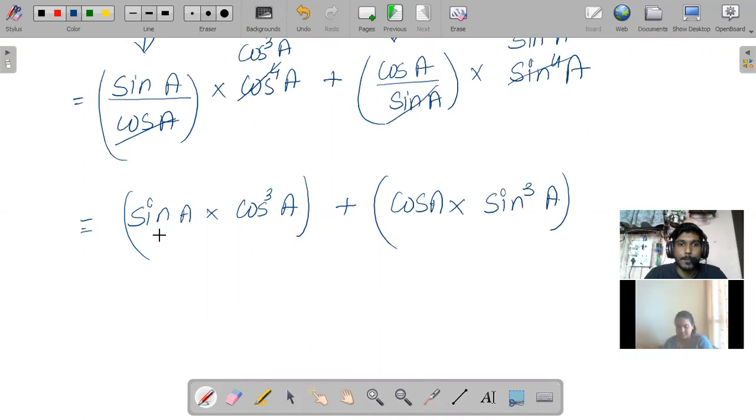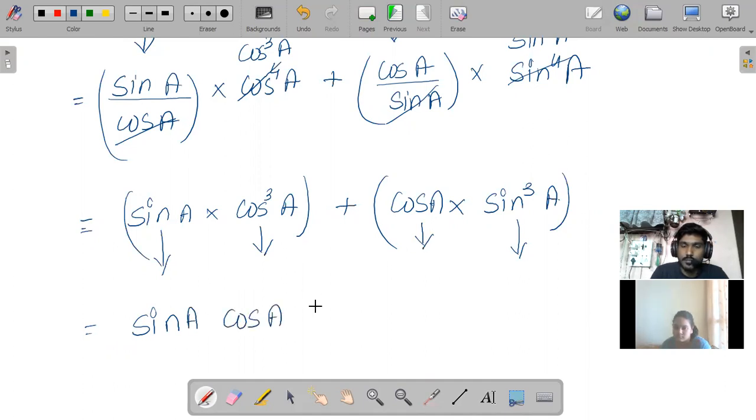So in this, from here and from here, one sin can be taken common outside, correct? And from here, one cos and this cos can be taken common outside. So sin A and cos A is common. Is this clear? Yes. Are you sure?